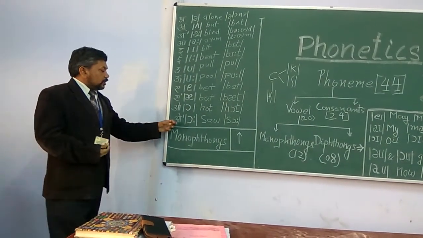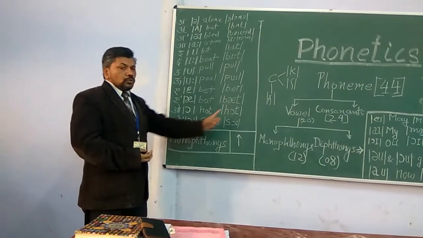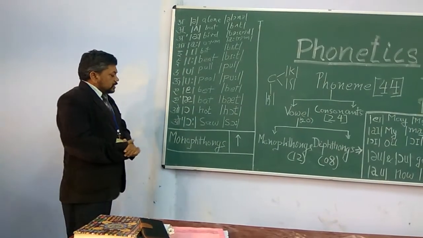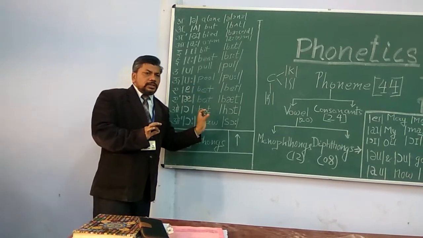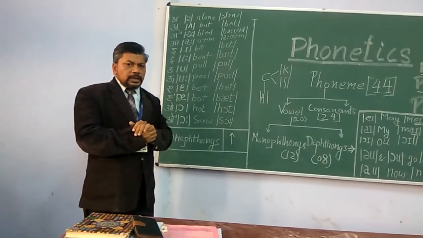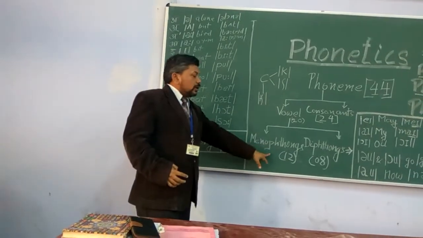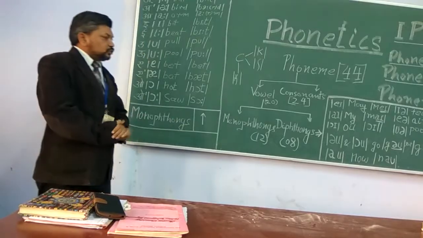Then there comes the longer o. And this way we find that these are the pure indivisible vowels, 12 in number. They constitute the monophthong unit, and their number is 12.